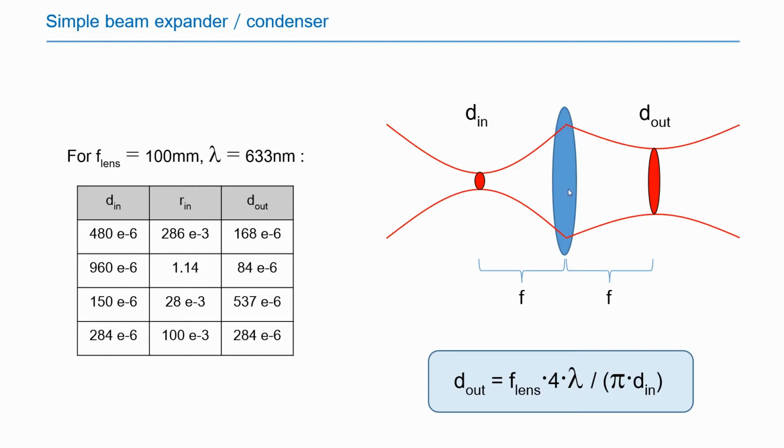One of the properties of a lens is that it turns one waist into another waist. So if you place one beam waist one focal length away from a lens, it will convert the beam into another beam with a different waist in the other focal plane of the lens. And that is one way to think of a pinhole used as a beam expander.